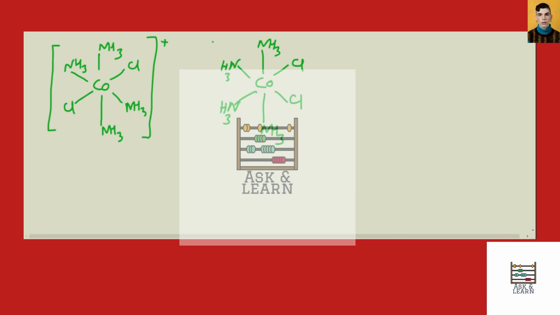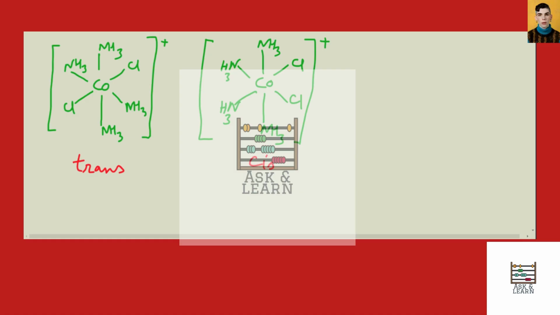So this is again inside the bracket and outside the bracket charge will remain same. So this should be trans isomer, trans, and this should be cis isomer.